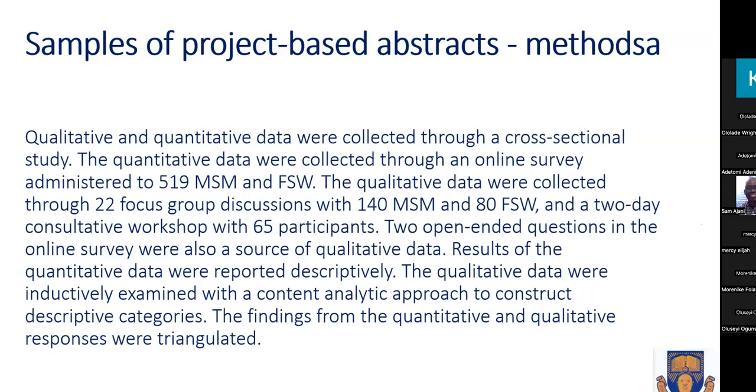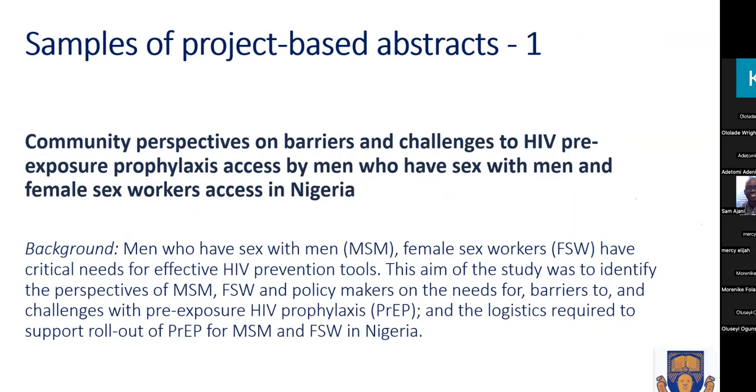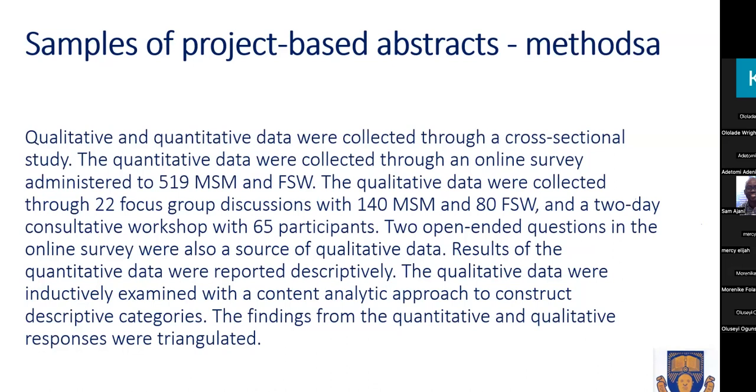You can infer, it did not tell you who they are, you can infer that this person worked with MSM, female sex workers, and nothing else. You can't find anything else, okay? But go back to the objective. It says it wants to find out the perspective of MSM, FSW, and policymakers. You look at the method, you can't find policymakers, okay?